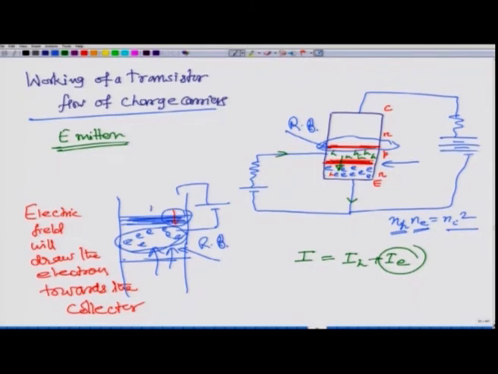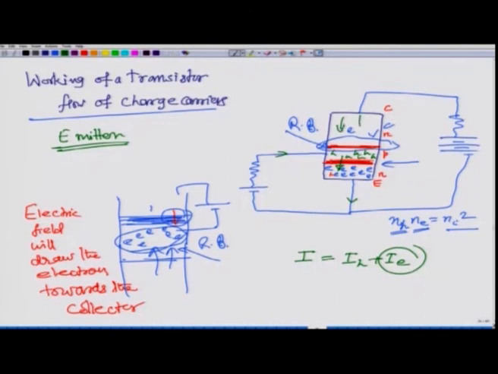So, those electrons are now coming this way, and therefore you have a current here. This is the current IC. Okay. So, the current is from collector to base, opposite to the electron flow, and therefore the current in this collector is in this direction.